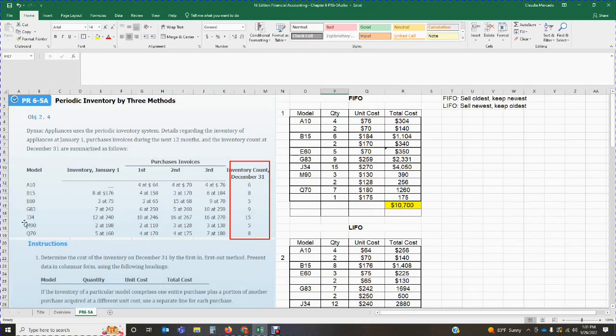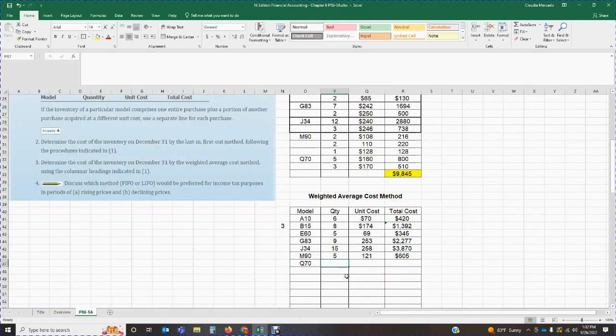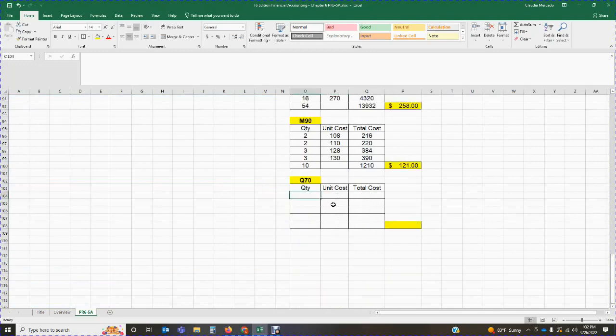Okay, for Q70, we have 8 units remaining, and we're going to be using this data from the oldest to the newest. So let's look at Q70. Q70 had 5 units at 160.